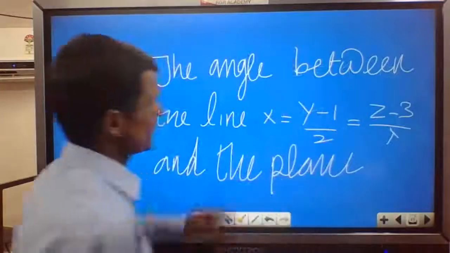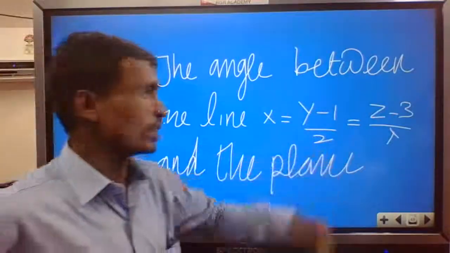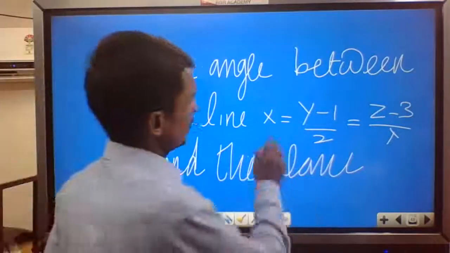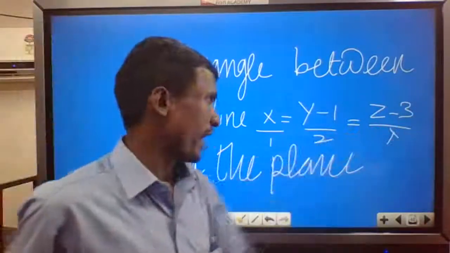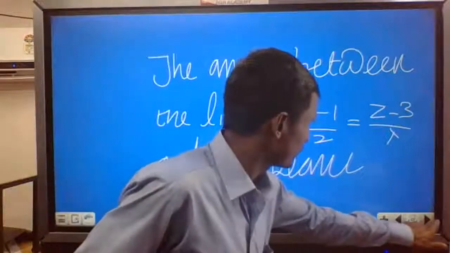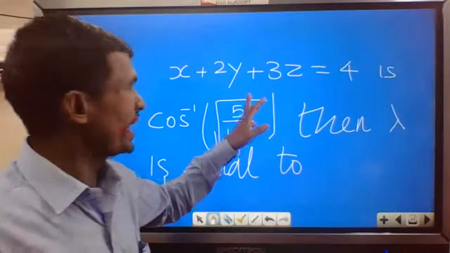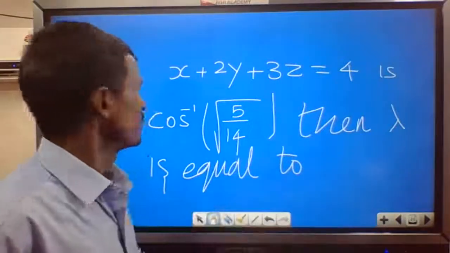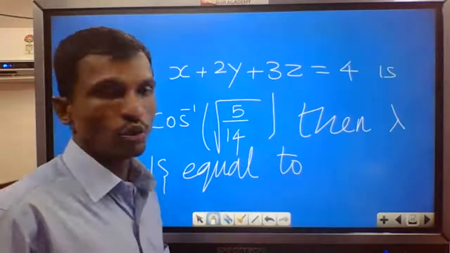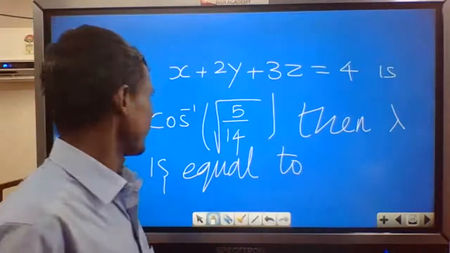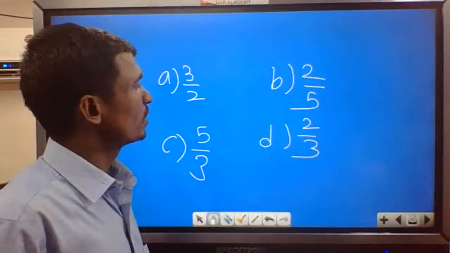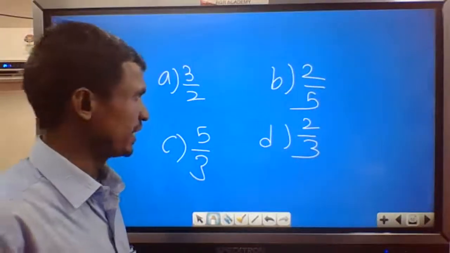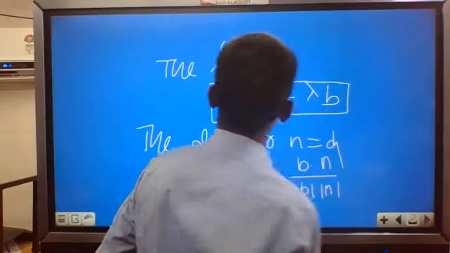Once again, the angle between the line x divided by 1 equal to (y minus 1) divided by 2 equal to (z minus 3) divided by lambda, and the plane x plus 2y plus 3z equal to 4 is cos inverse root of 5 divided by 14. Then lambda is equal to 3 by 2, 2 divided by 5, 5 divided by 3, 2 divided by 3.